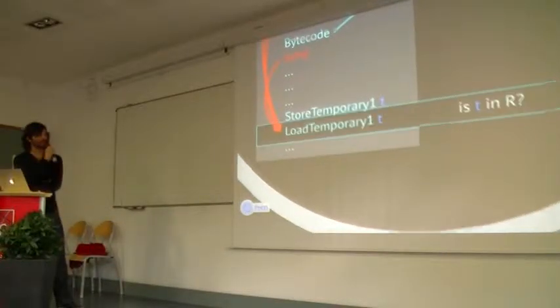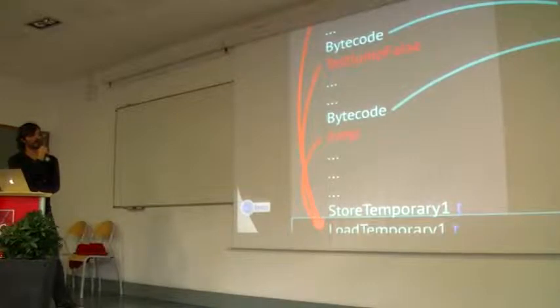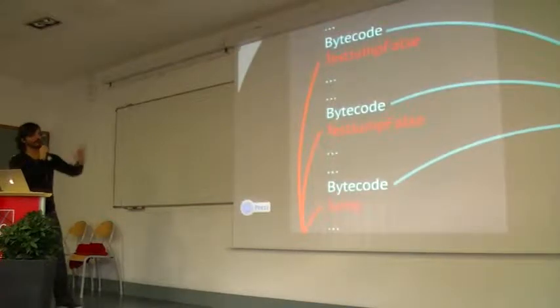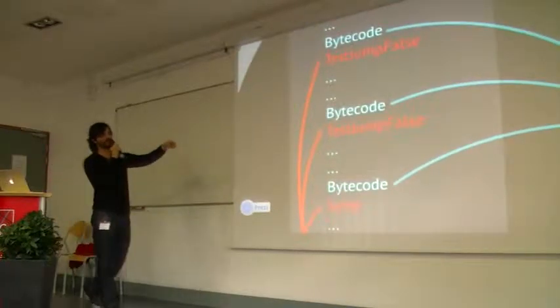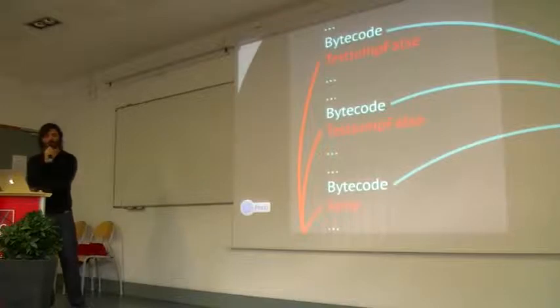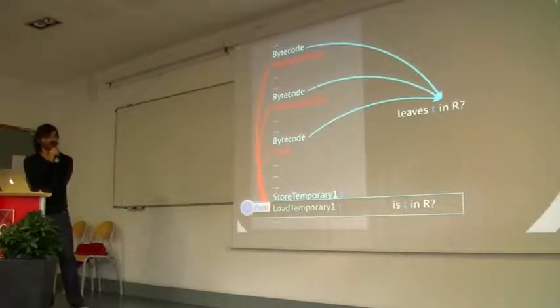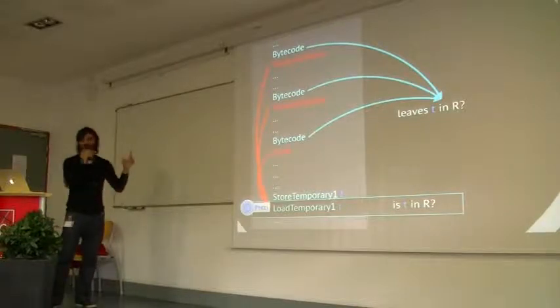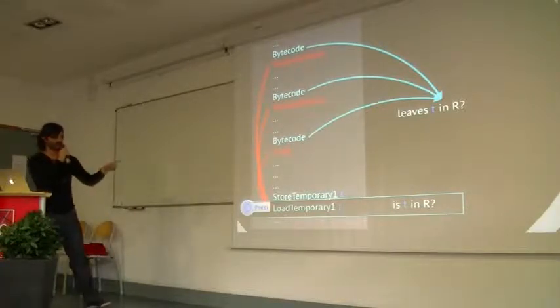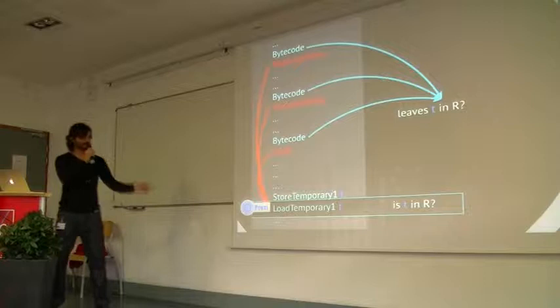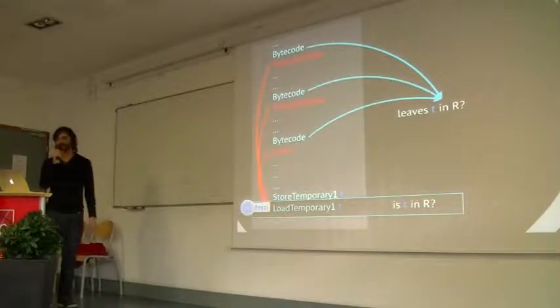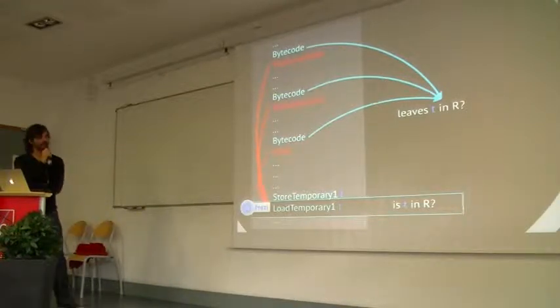Well, we have to analyze all the possible execution flows and see if the bytecode preceding every jump guarantees the same, that is, that they leave t in R. If that is the case, we are sure that we can actually remove the load temporary t bytecode.